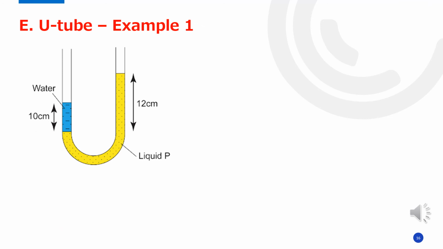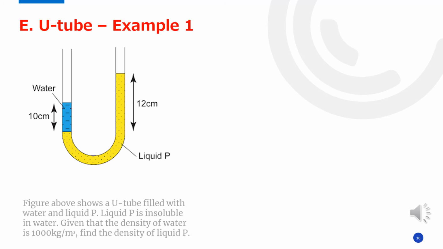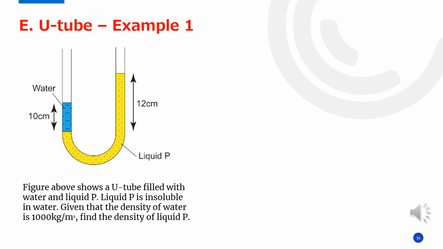Alright, let's solve this U-tube problem. The figure above shows a U-tube filled with water and liquid P. Liquid P is insoluble in water, given that the density of water is 1000 kg per meter cubed.